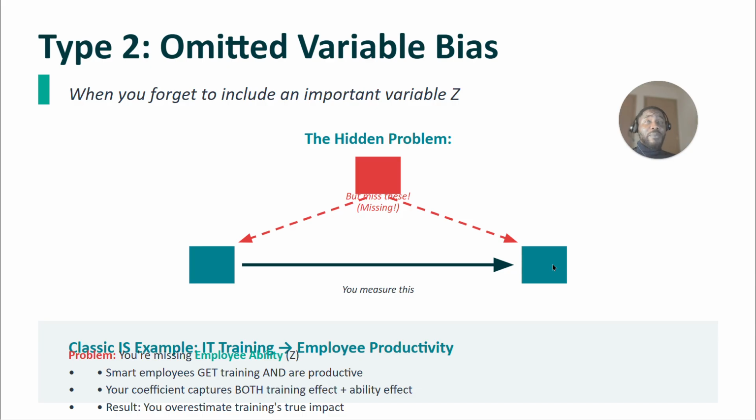Your coefficient might be 30, it might be so big, and you're like, wow, IT training increases productivity by 30. And you say, great news. In your mind, training really works. But wait, what are you missing? Employees' ability. The problem is employees' ability, Z.